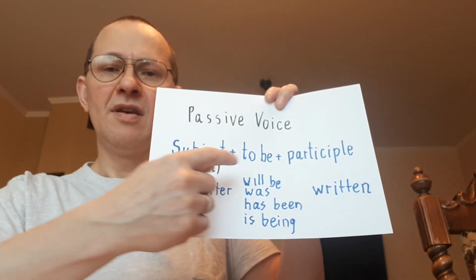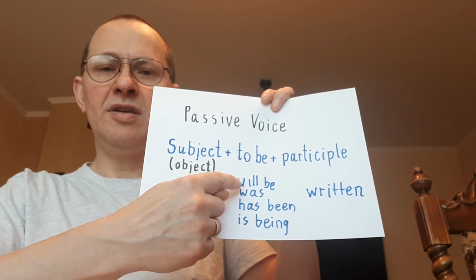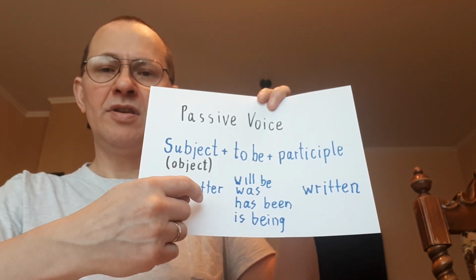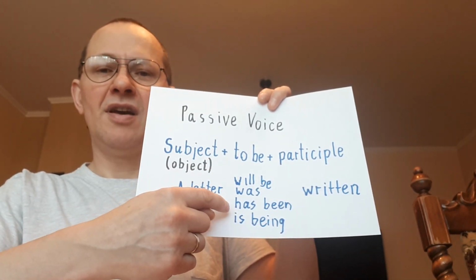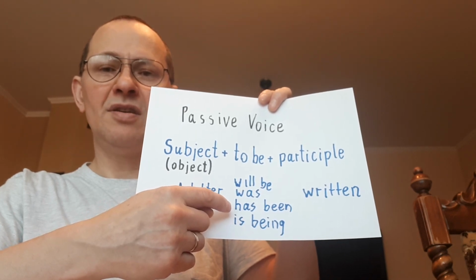It may be future simple, will be written. It may be past simple, was written. It may be past progressive, present perfect, has been written, and is being written, which is the present progressive.